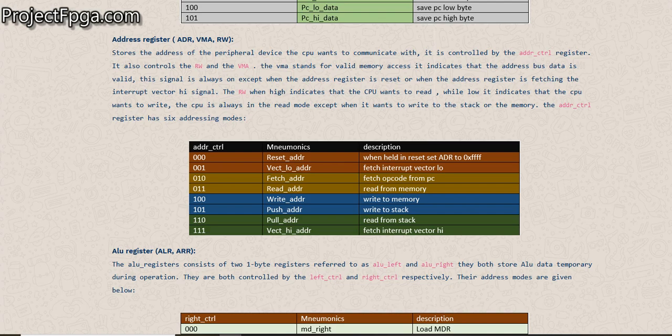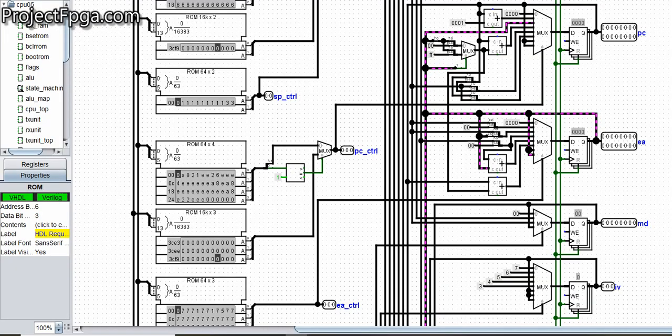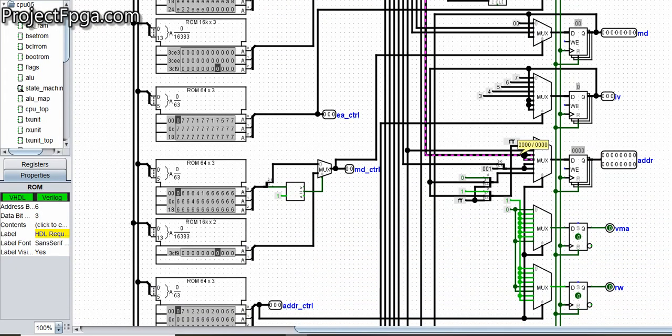Then again, they have the next one, push and pull from stack. But before that, you find out that this read and write from memory, this is what it looks like there. You can see this is what it looks like. Two of the inputs: the upper one is read, the next one is write.